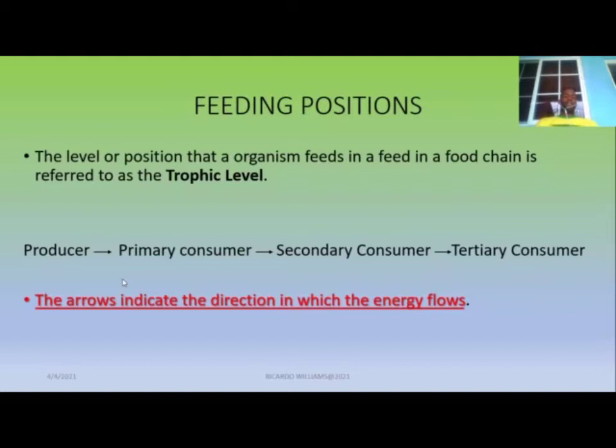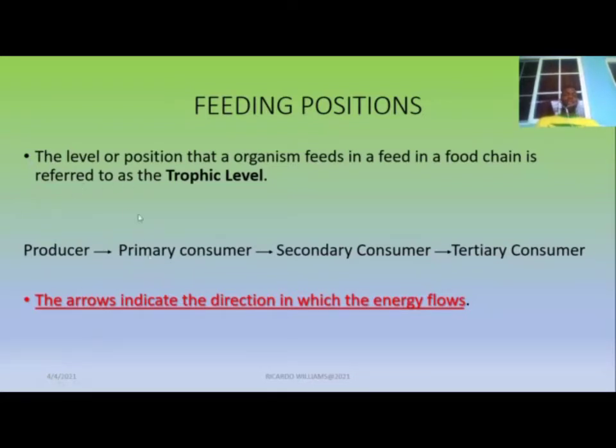And then we have the tertiary consumer, right? So the secondary and the tertiary consumer always fall in the carnivore category, alright, but they are set out just like how you see them on your screen there. Note also that I have arrows here. So basically what I'm giving you is the blueprint for a food chain.